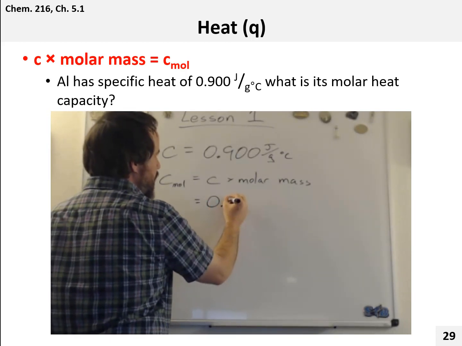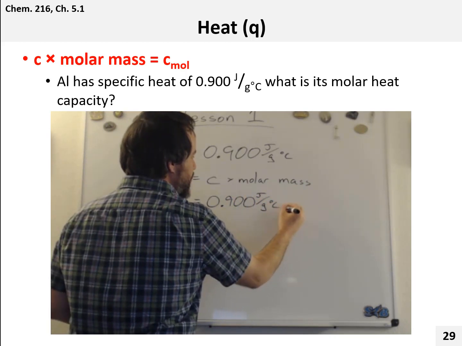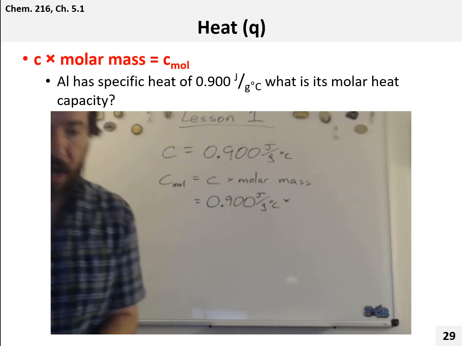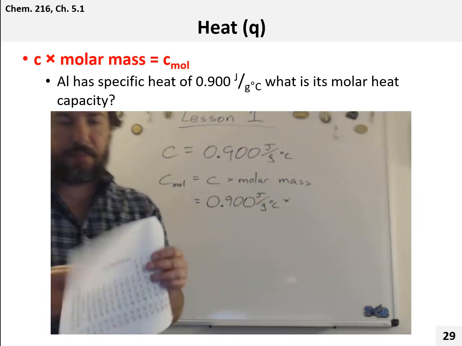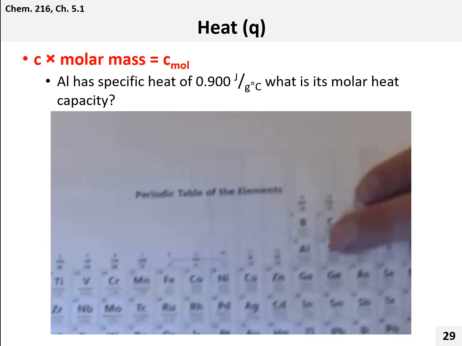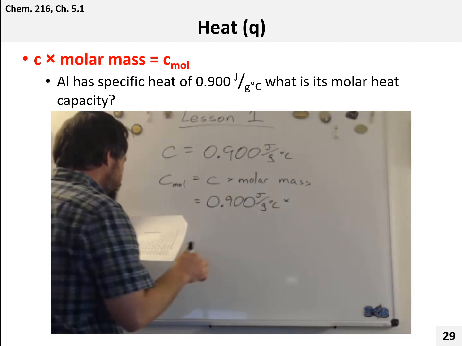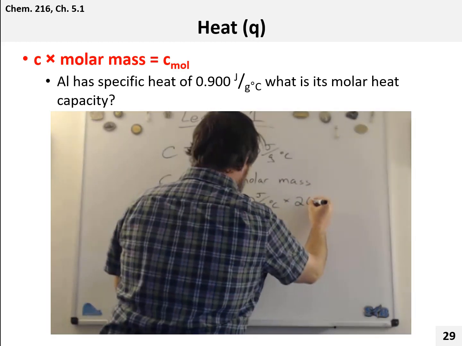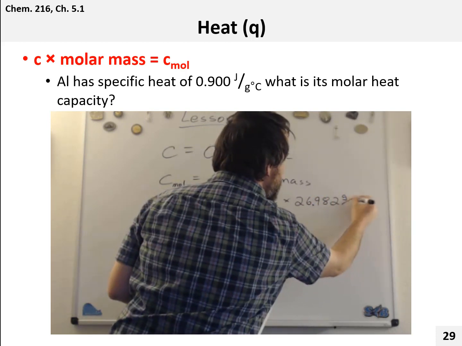Take this, 0.900 joules per gram degrees C, multiplied by the molar mass of aluminum. Where do I find that? I find that on the periodic table. Here's aluminum. Remember that number underneath there? That's my molar mass. That's 26.982 grams per mole.